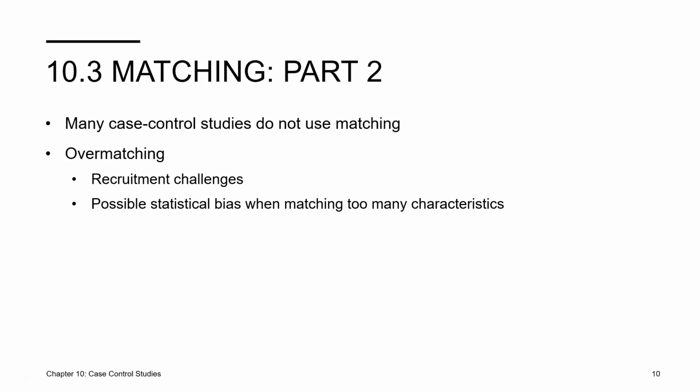Many case control studies, however, do not use matching. Some people think that it introduces a different sort of bias, whereas others think it may reduce bias. Also, overmatching could occur, and so sometimes they will have a case and they may have 3 controls for that.